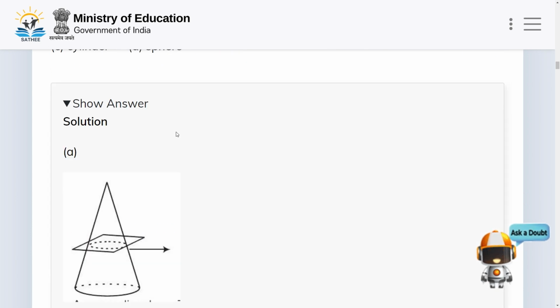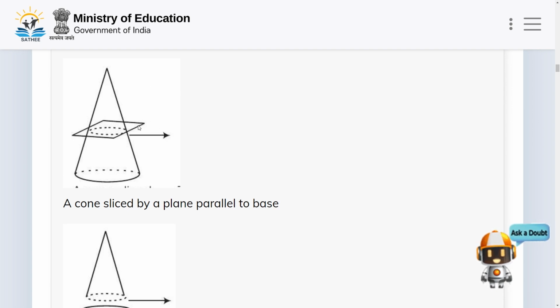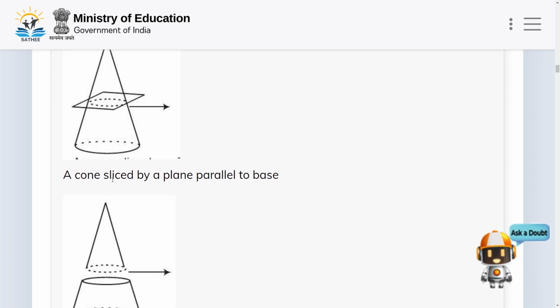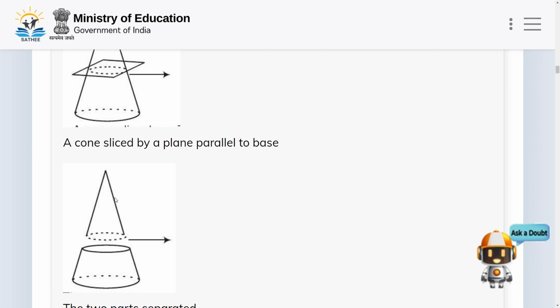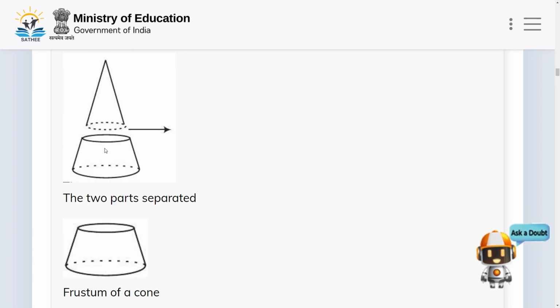So here let us see the figure. The following situation can be represented by this figure. Here a cone is sliced by a plane parallel to the base. If we slice this cone by a plane parallel to the base, it gets a shape like this.